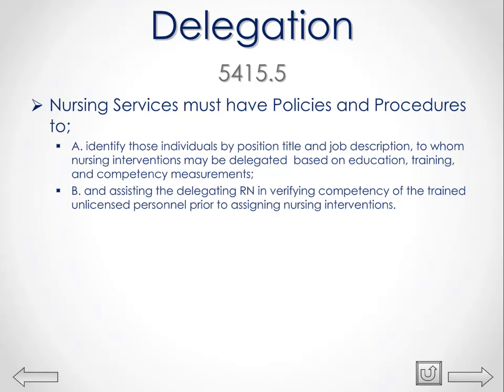Policies and procedures identify who are those people by their position title and job description to whom nursing interventions may be delegated. Those job descriptions and position titles have to take into consideration the person's education, the training, and the ongoing measurement of their continued competency.